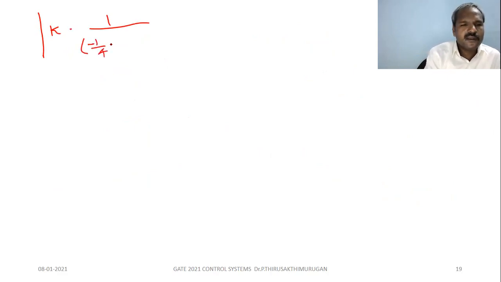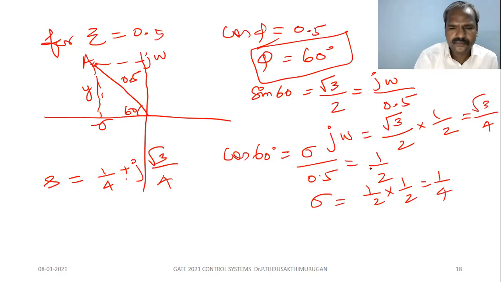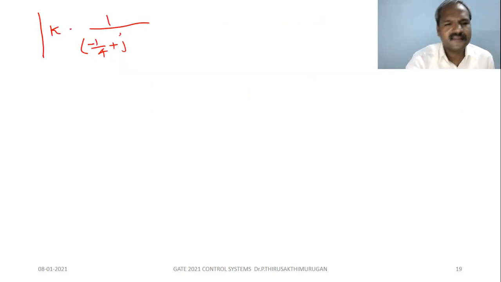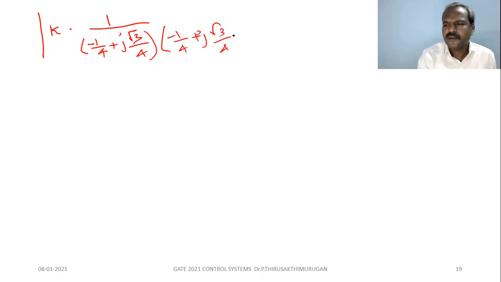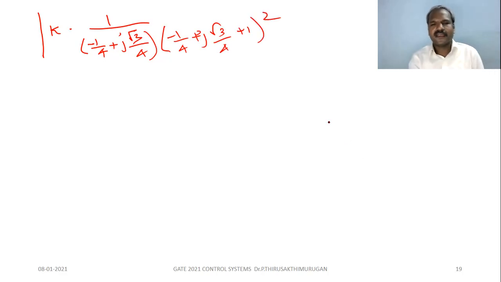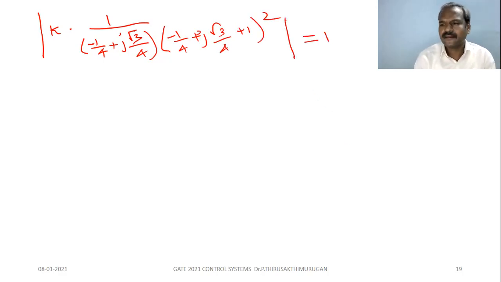In the magnitude expression, k into 1 by s, instead of s minus 1 by 4 plus j root 3 by 4, into s plus 1 the whole square. Understand? This magnitude equals 1. So please, my dear students, simplify this relation.